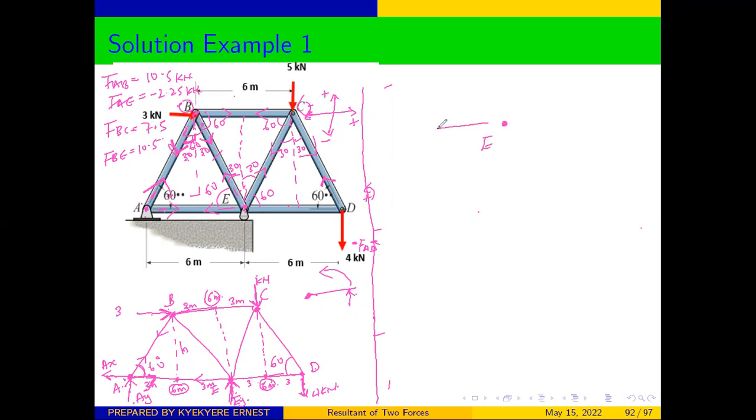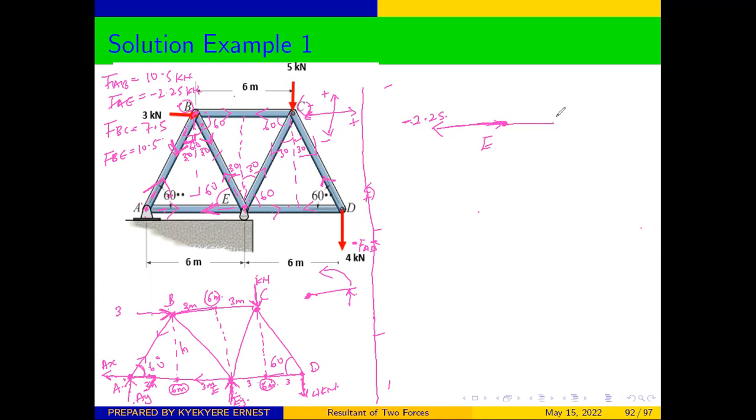We have a horizontal force in this direction, and that one is FAE, and you have calculated FAE to be negative 2.25. But our force is moving in this direction. Considering this direction we have indicated here, it's going that direction. And then this one here is going to go that direction.